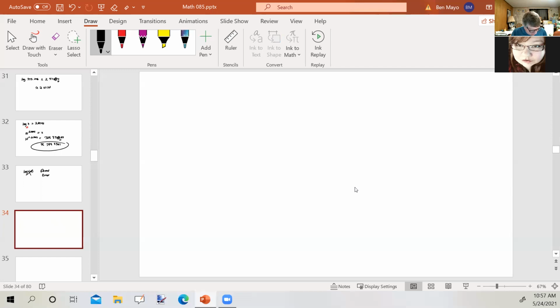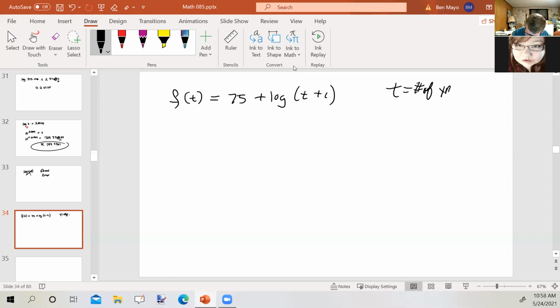She was told that with the proper oversight, the sunfish population could be approximated by the logarithmic function f of t equals 75 plus the log of t plus 1, where t is the number of years since the lake was stocked. So t equals number of years since stocked.